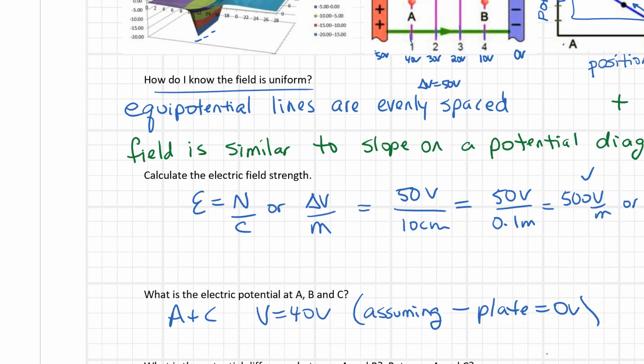And at B, the voltage would be 10 volts. So I could say V subscript B, the potential at B, would be 10 volts.